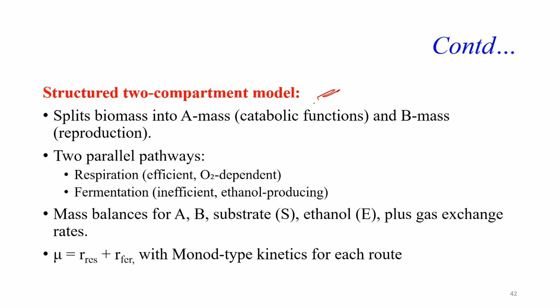In the structured two compartment model, based on metabolism, biomass is split into A, a catabolic function, and B, the reproduction. We assumed two parallel pathways, respiration as well as fermentation, and then did the mass balance for A, B, S and E. In addition, gas exchange rates follow, and for respiration and fermentation we assume Monod type kinetics for each route.